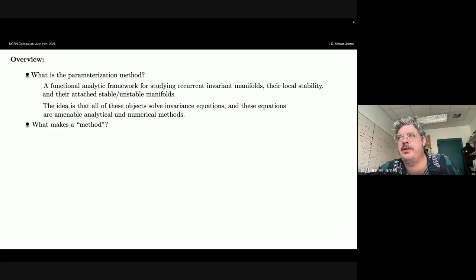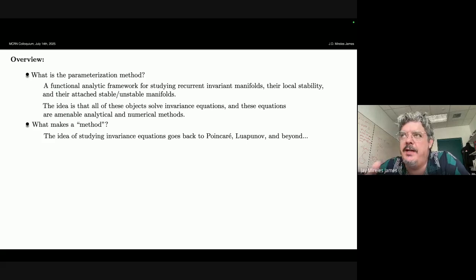Now, parts of the parameterization method, or what some people now call the parameterization method, a lot of these ideas go back much further than the early 2000s, even back to the work of Poincaré and Lyapunov. So why call this a method, or why give it a name at all?